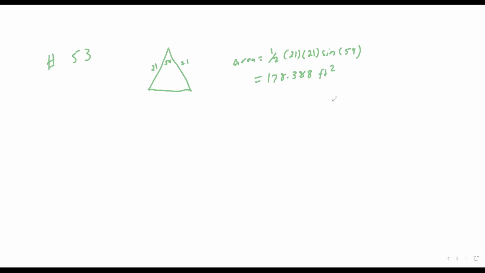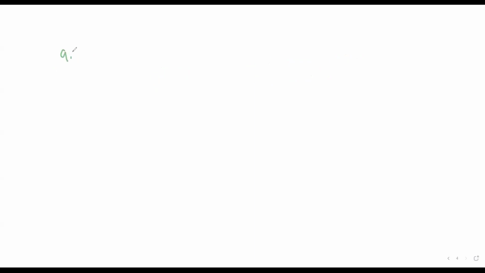All right, I now want to switch gears to 9.2. Lesson 9.2 is called the Law of Cosines. Law of cosines is a longer formula, but for a very specific type of problem.